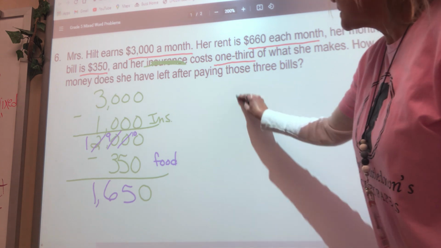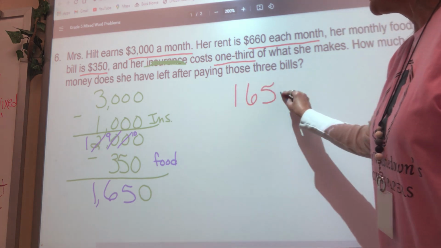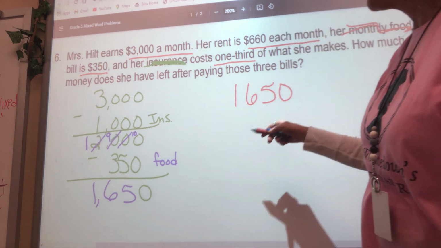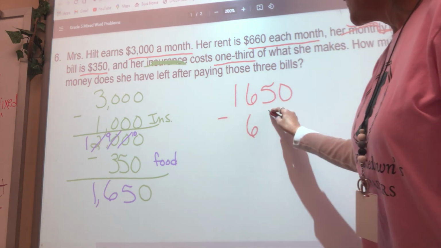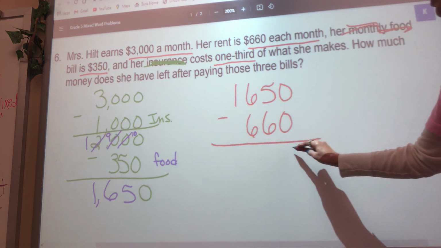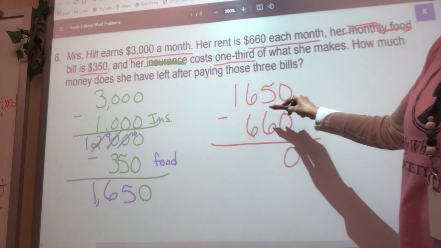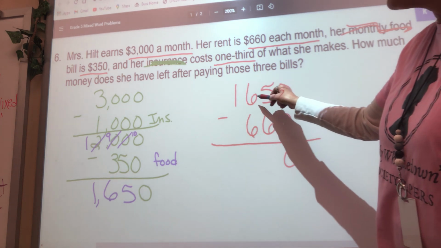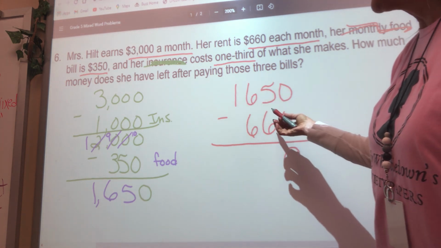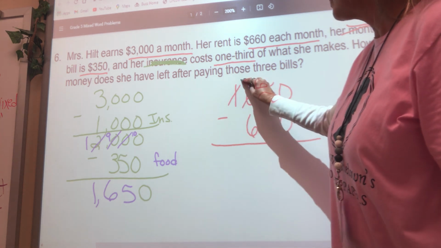Okay, so she still has $1,650, but we've taken care of her food, and she still has to pay her rent. So now we have to subtract her rent. 0 minus 0 is 0. We can't take 6 from 5, so we're going to have to borrow all the way over.